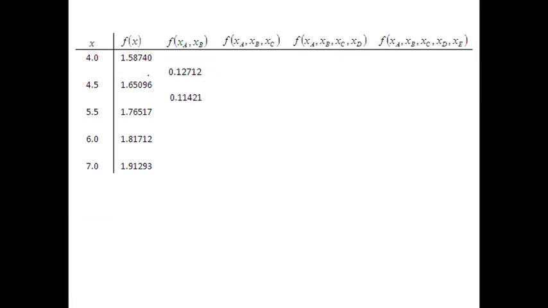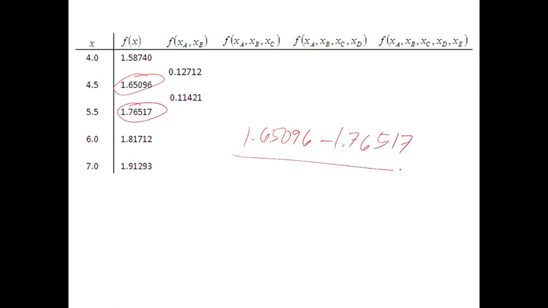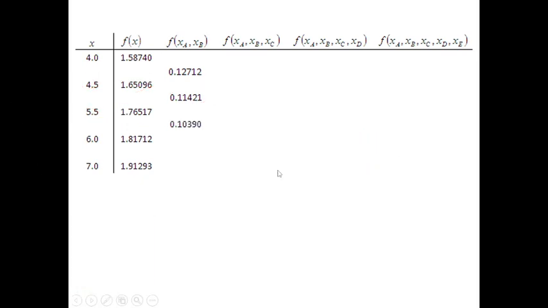Then 1.65096 minus 1.76517 over 4.5 minus 5.5, we get this one. So using Excel, we can simply know the answer. You can use Microsoft Excel to do the math. And so forth and so on.